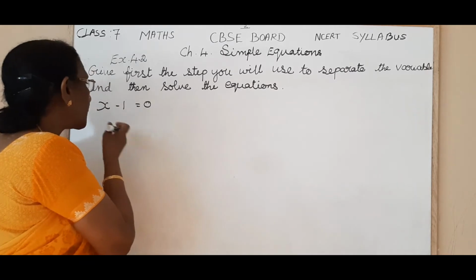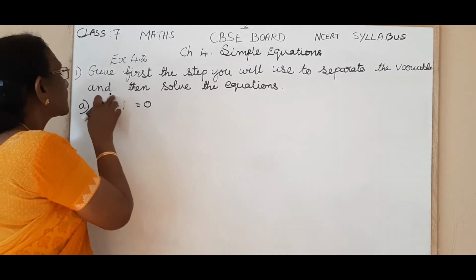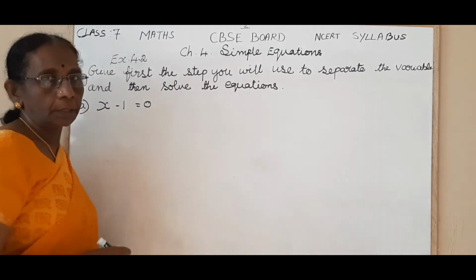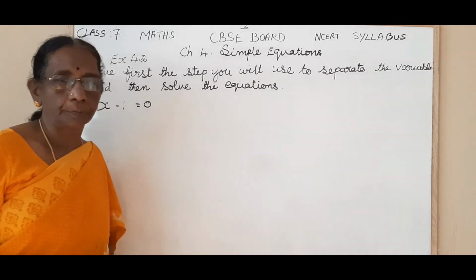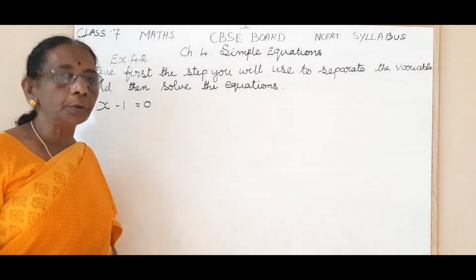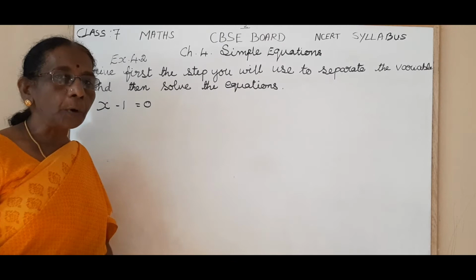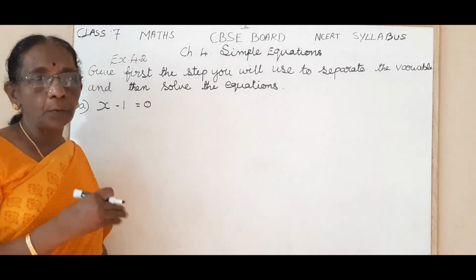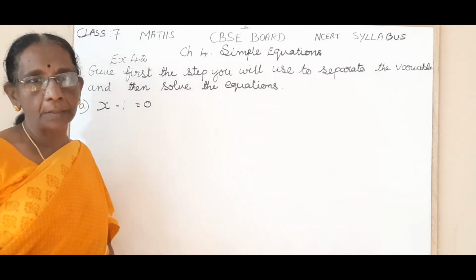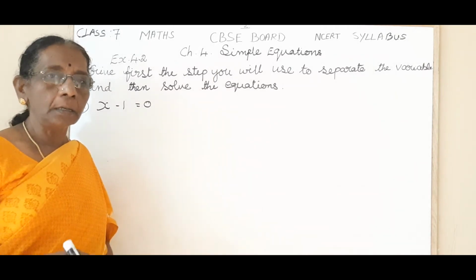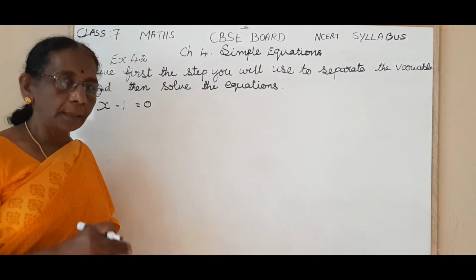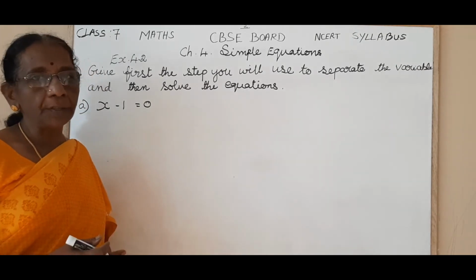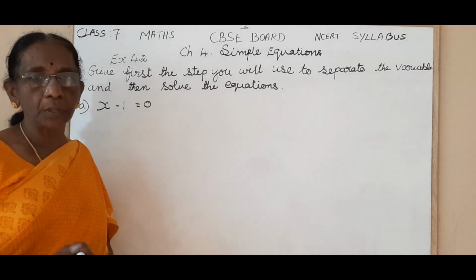So for eliminating this constant term, what should we do? Okay, you should do the opposite of that operation. For addition, what is the opposite? Subtraction. For subtraction, opposite is addition. The same way, for multiplication, division is the opposite operation.